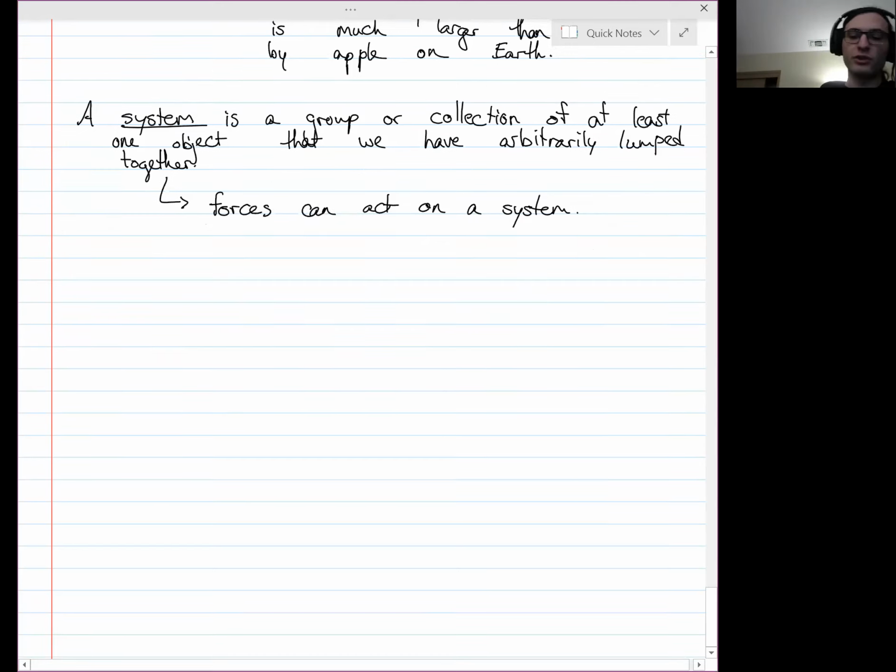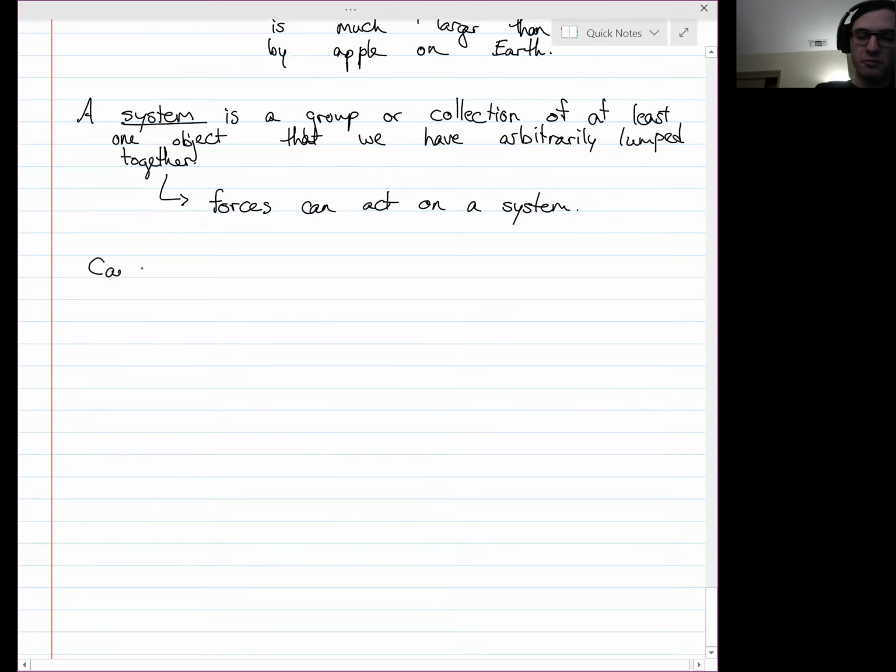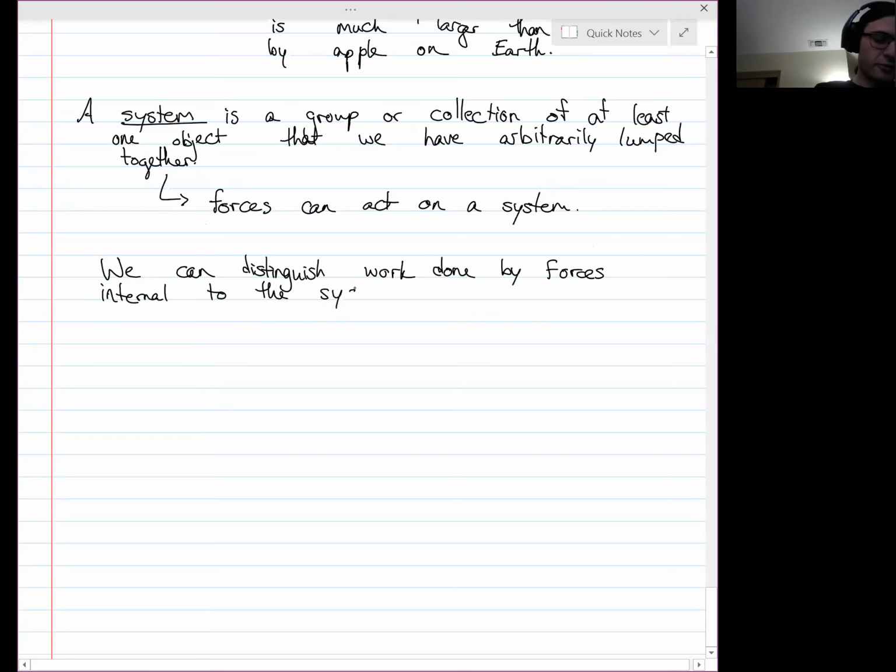So what we can do is distinguish work done by forces internal to the group or system, and work done by external forces.